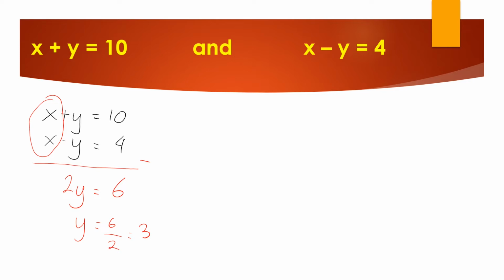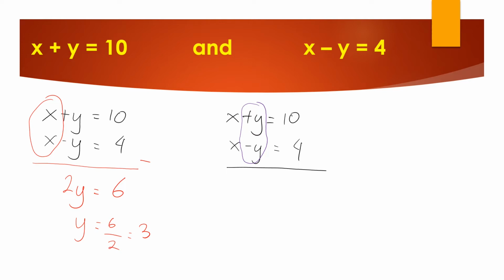That's the example. Now if I want to eliminate not x but y, what should I do? You just need to think like this. This is y minus y, and y minus y also makes 0.